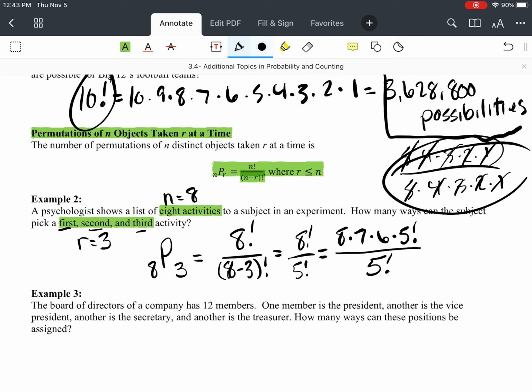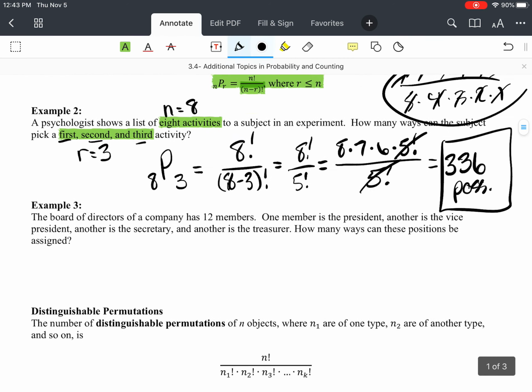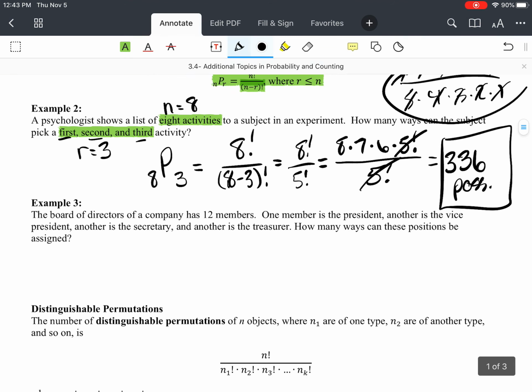Each of these divides out to be 1. So instead of writing this over and over again, we can simply cancel them out. What we're left with is the beginning, 8 times 7 times 6, and when we multiply this out, we get a total of 336 possibilities.